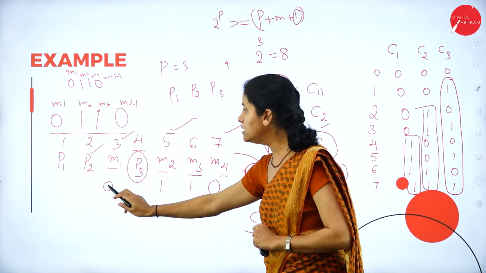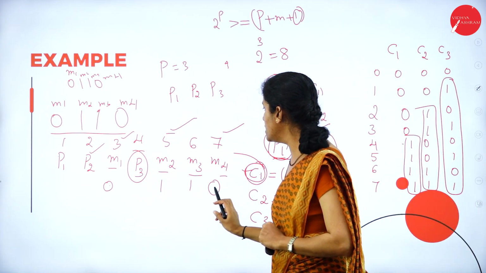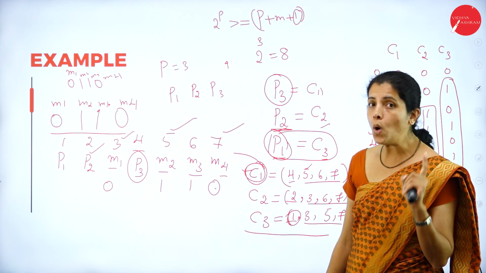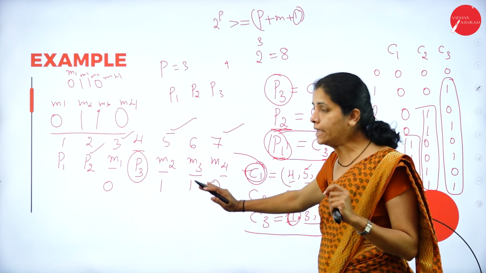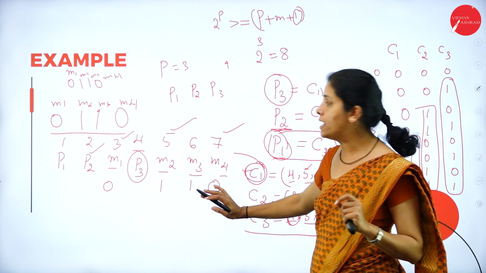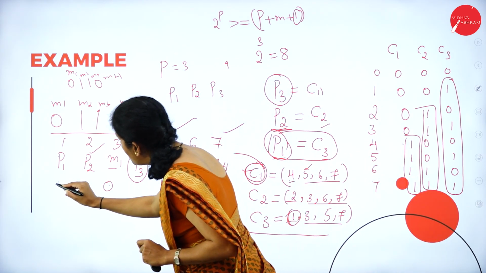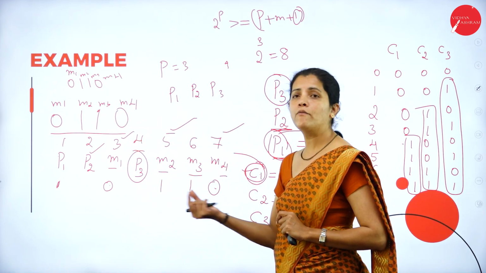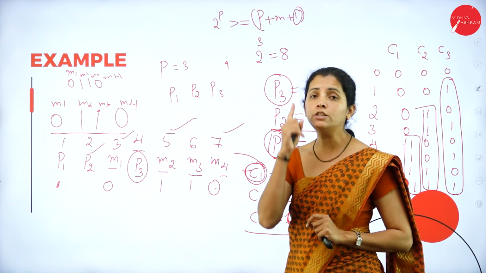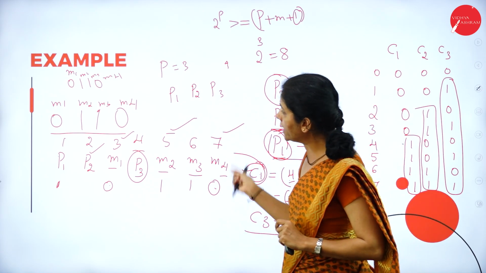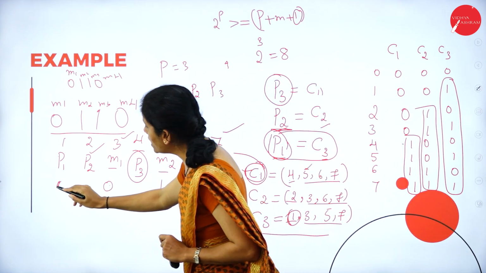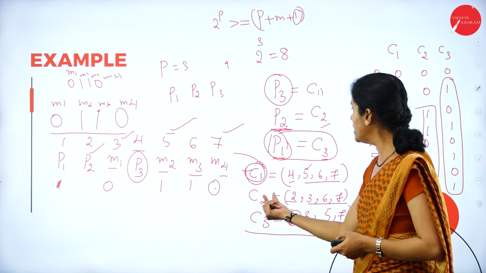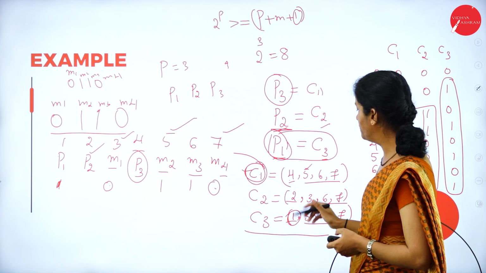See, it is 0, here it is 0 and I am going to have only one 1. So, to make it an even number of 1s, what am I going to do? I am going to write 1. Because here I have only one 1, so it is an odd number. To make it even, I will write 1.